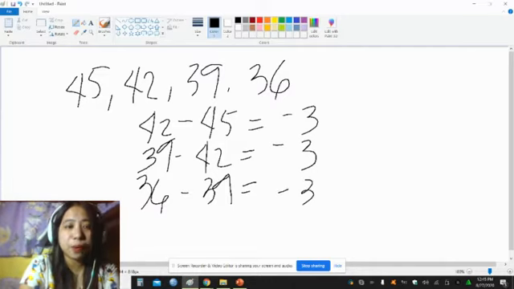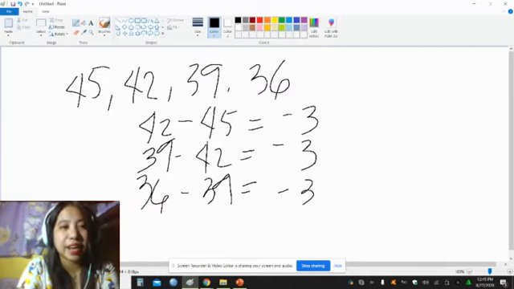Which means if you are asked to find the next three numbers or terms in this pattern, you need to add a negative 3.